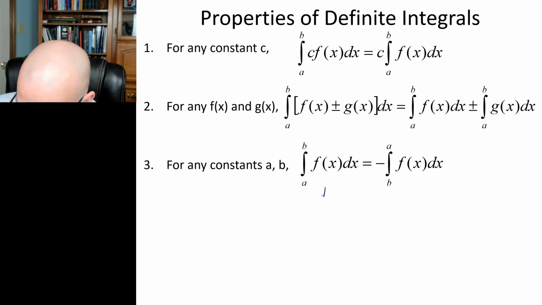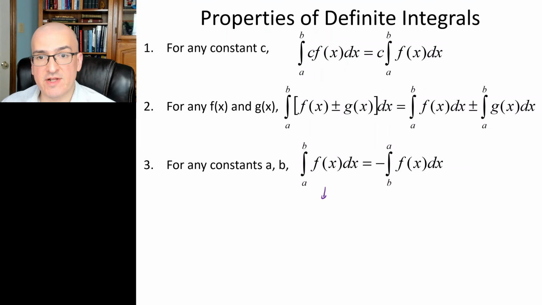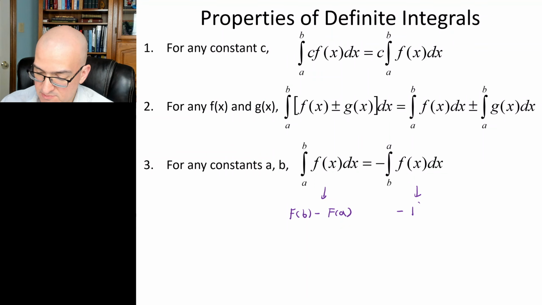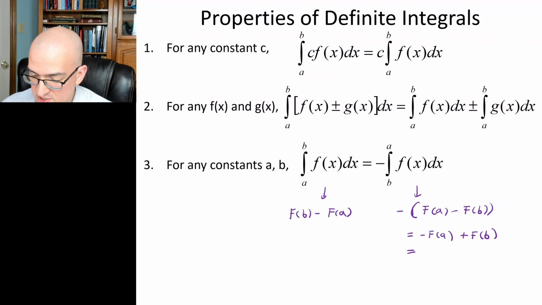Here's why. If we say that the general antiderivative is capital F, then this first one is F of b minus F of a. And the second one is minus bracket F of a minus F of b. If we multiply the negative through, we get negative F of a plus F of b, and we're very fortunate to be working in a system where order of addition does not matter.